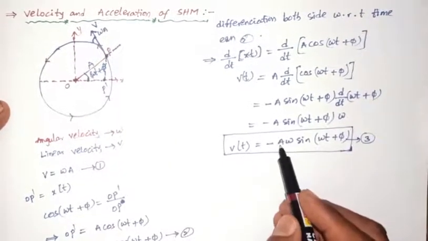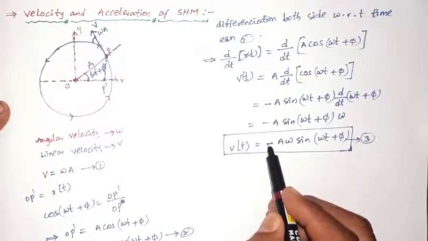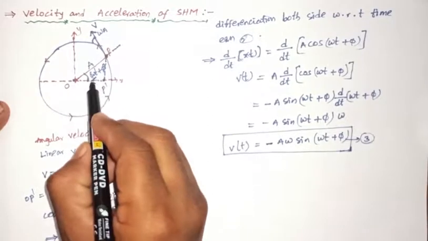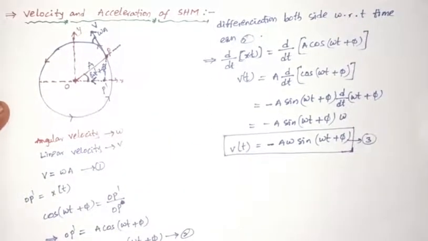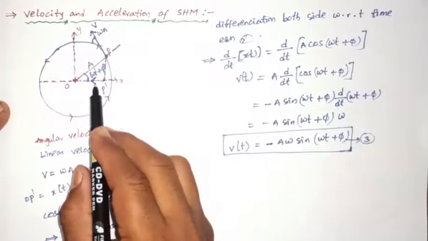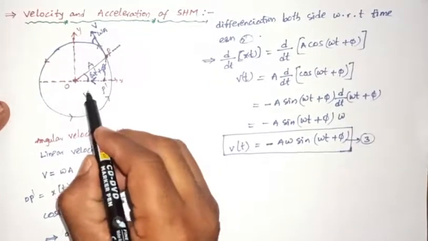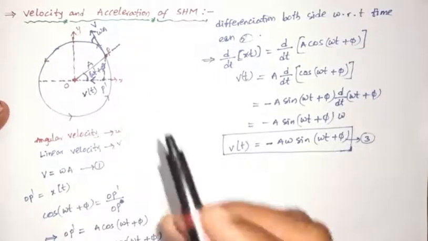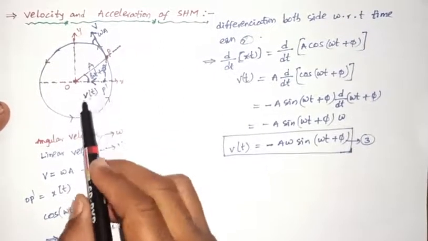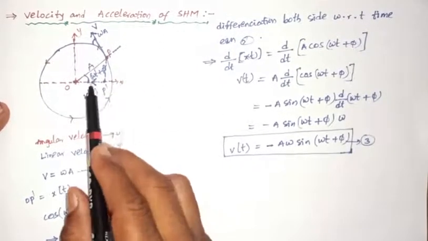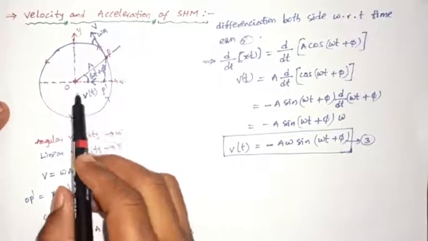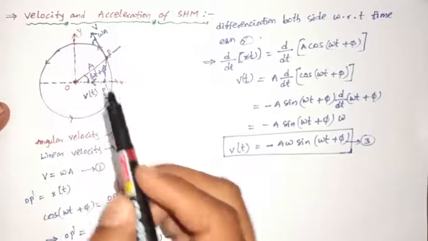So what is the direction? The negative sign indicates opposite to the x direction, the projection on the x direction. So the velocity of the particle is opposite to the x direction, or towards the center.